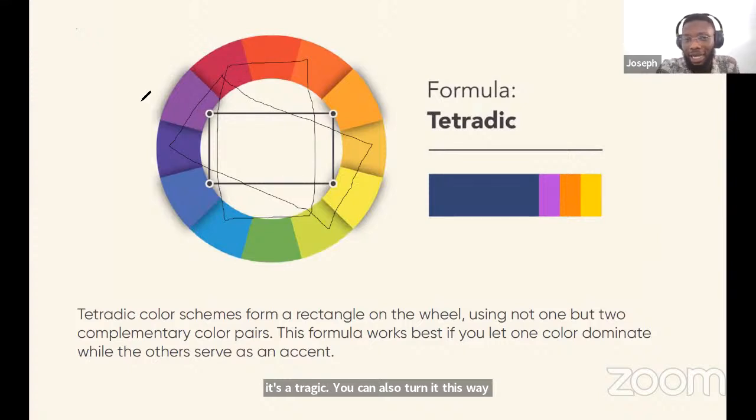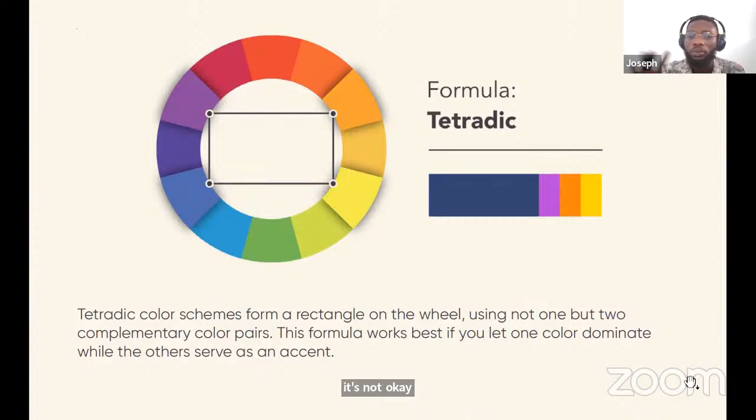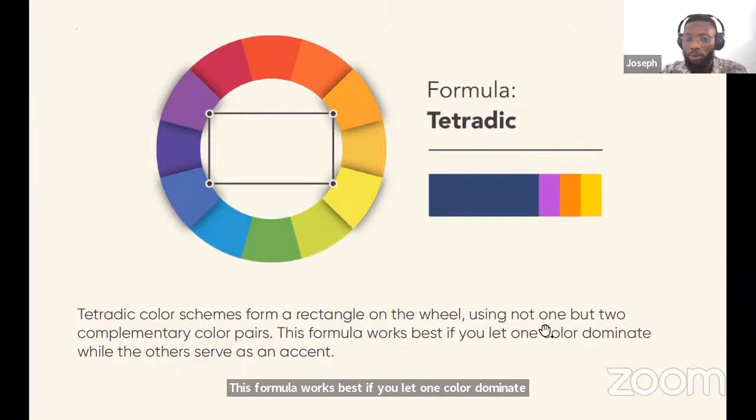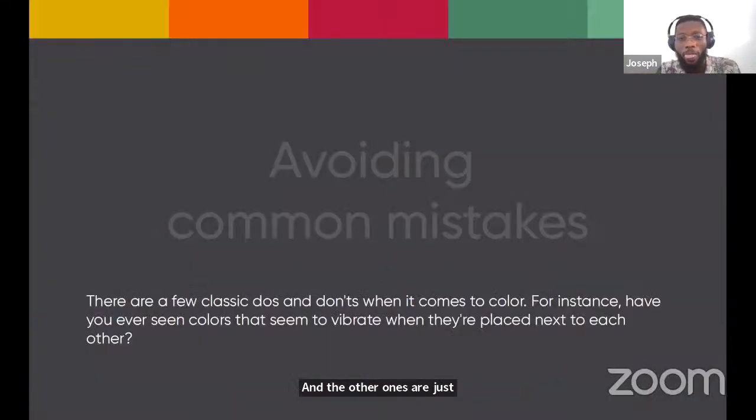So it's not static that it has to be the way you're looking at it horizontally. Okay, look at what I was saying. This formula works best if you let one color dominate while others serve as accents. The one dominating here is the blue, the deep blue, and the other ones are just little touches.